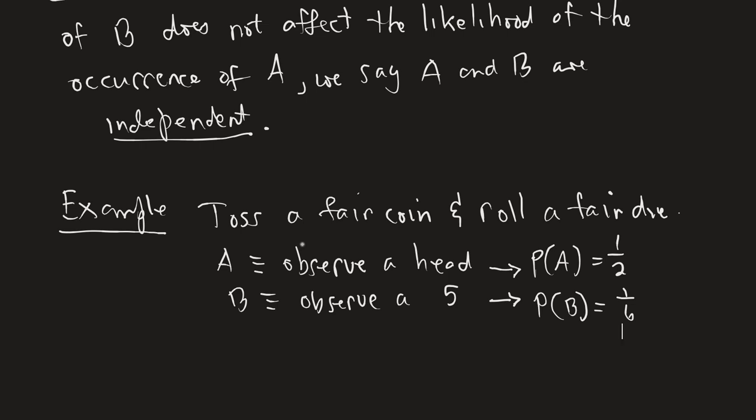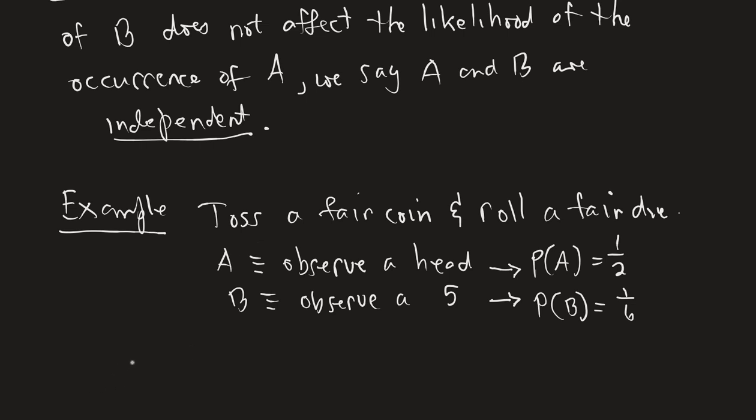But the thing is, I can describe the experiment in a slightly different way that will lead to the exact same sample space, right? And it will give us a clearer idea of this concept of independence. So instead of thinking of it as a simultaneous toss and roll, what if we did it in sequence?